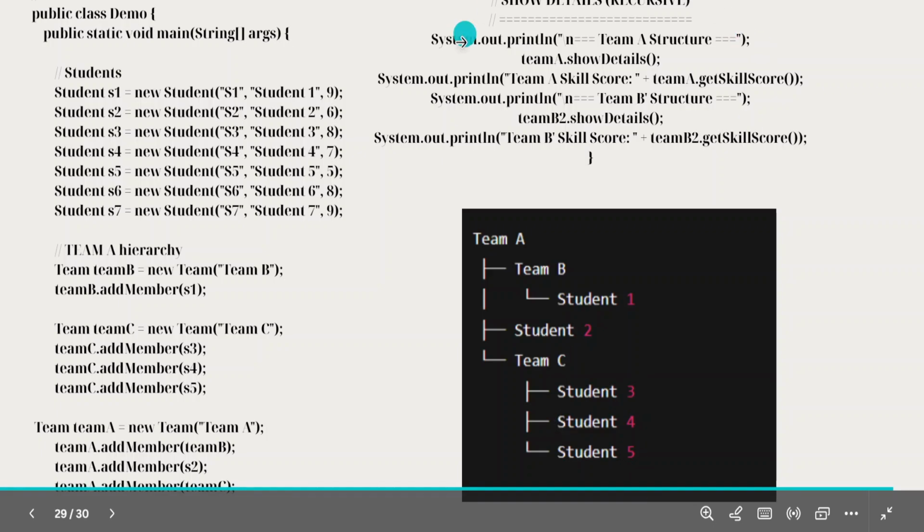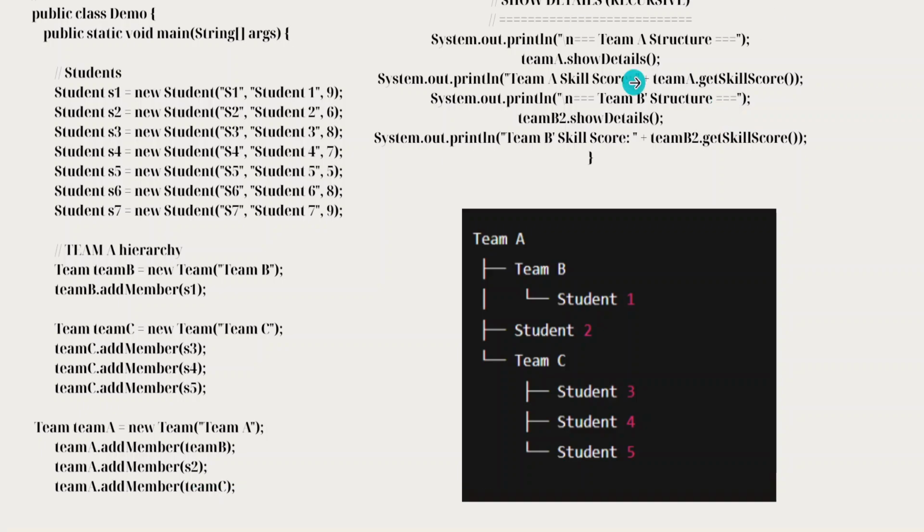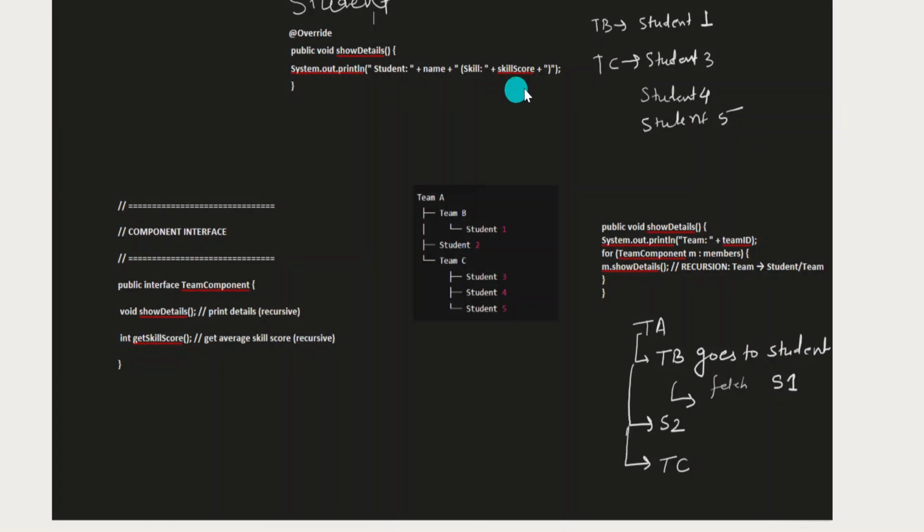Now let's see how this recursive algorithm will work. Here we have these functions, and by these functions we will see how the recursion is working. So we have this student class, we have this interface, and the third thing we have is this team class. Now in this team class, what we did was call the method m dot show details.